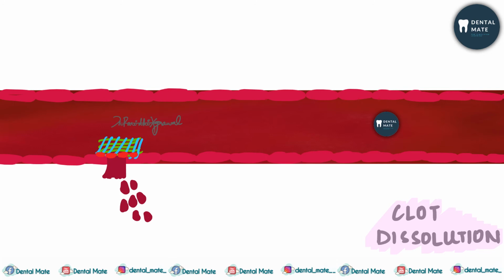But how is this clot dissolved? This is a blood vessel with a clot. An important mediator for dissolution of the clot is TPA, that is tissue plasminogen activator. This activates a precursor, plasminogen, and converts it to plasmin.